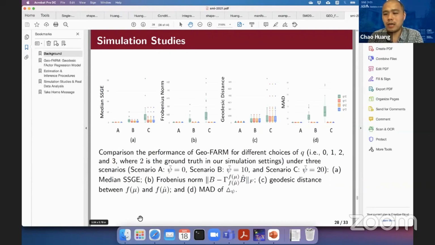Another thing you can see is that if we misspecify the number of latent factors, the performance doesn't change a lot, which means that our GRFARM is robust with respect to the choice of the number of latent factors.